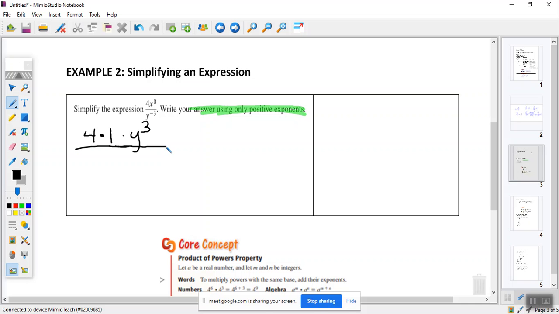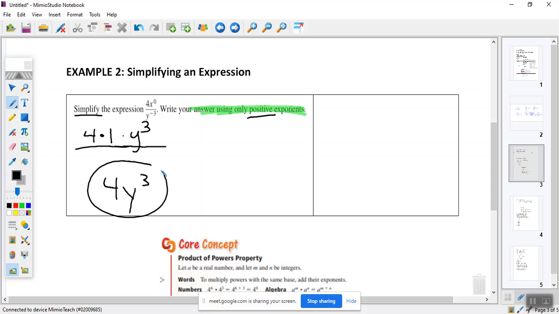So, what's 4 times 1 going to get you, kids? Y to the what? Okay. Have we simplified it? First question. Have we written it in such a simplest form where if I do have an exponent left, the exponent is positive? Okay, we're good then.